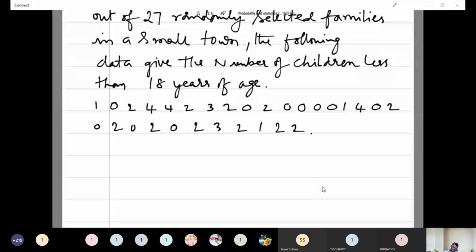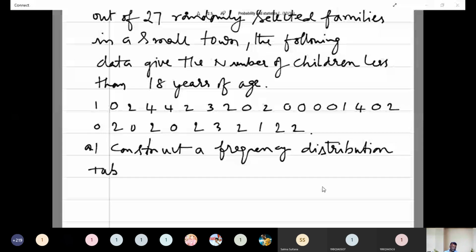Okay, note down the questions. A. Construct a frequency distribution table using single valued class.